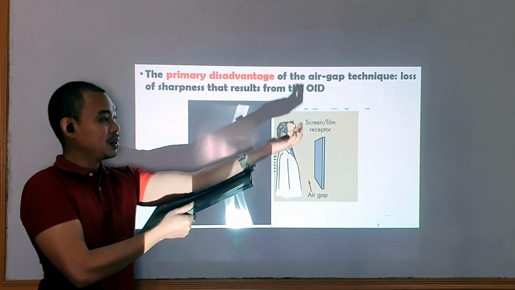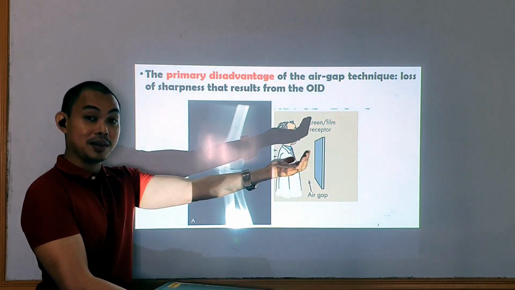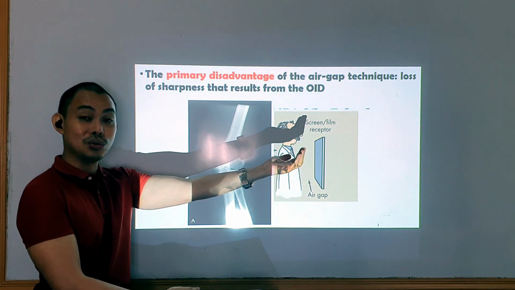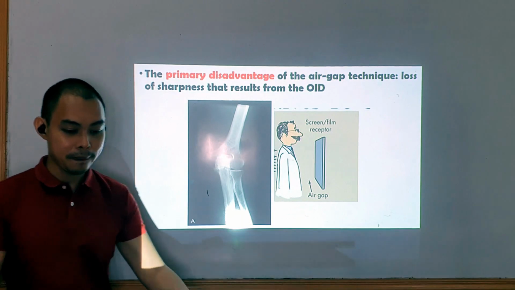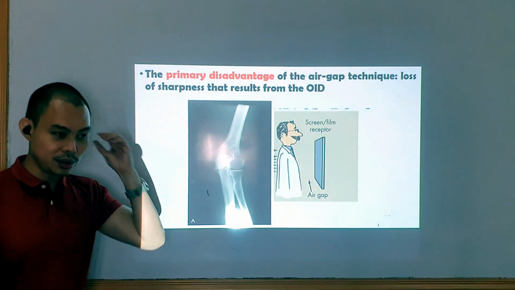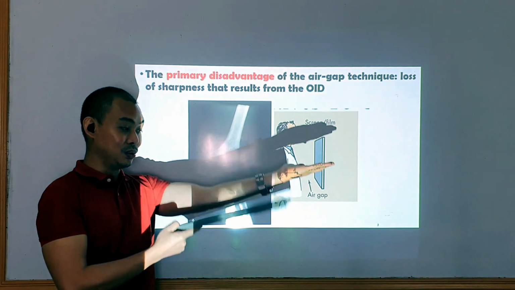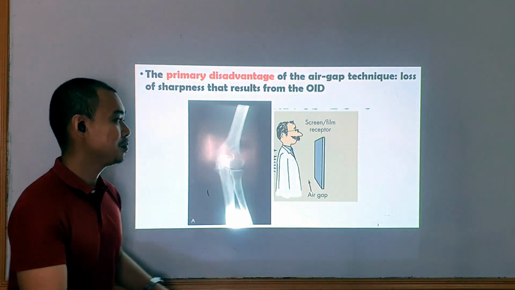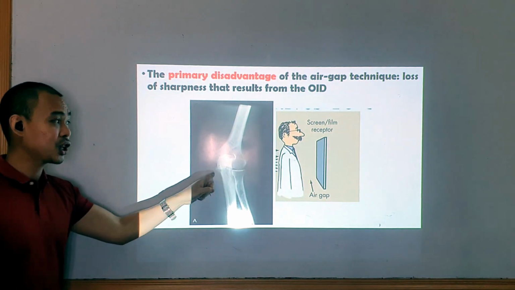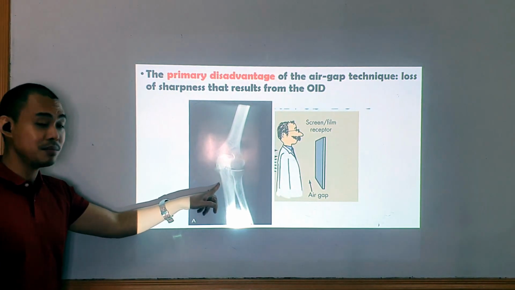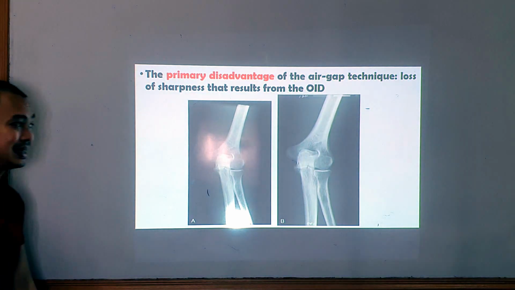See? But we're going to use the air gap technique. So we will expose it looking like this because we want to make sure that the amount of scatter radiation that will reach your image receptor will be reduced because of the distance, right? But if we're going to do that from this actual radiographic image, it can become this.